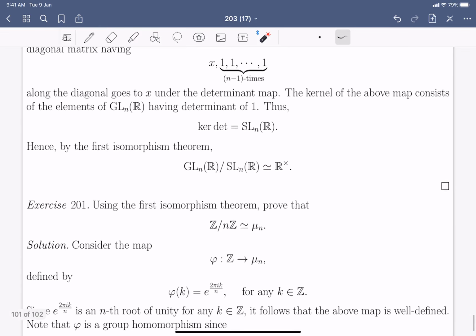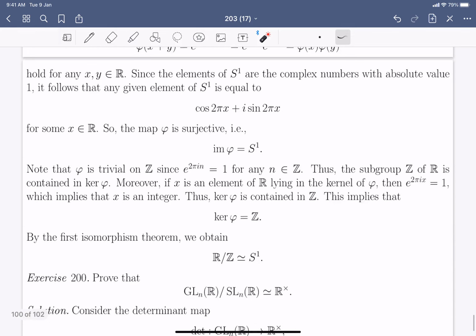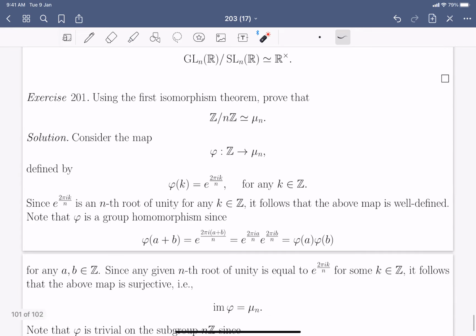Once again we see something that we already knew, the group Z mod nZ and mu n. Here are just two remarks. As I stated in the previous lecture, one can think of the notation Z mod nZ in two ways.